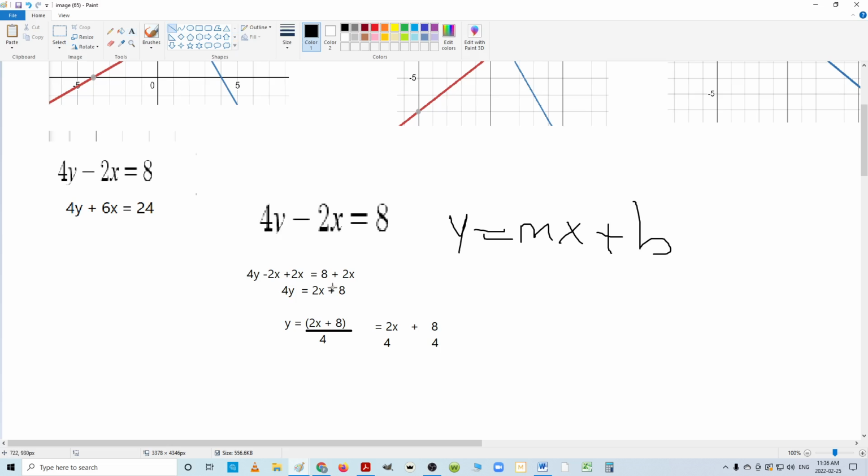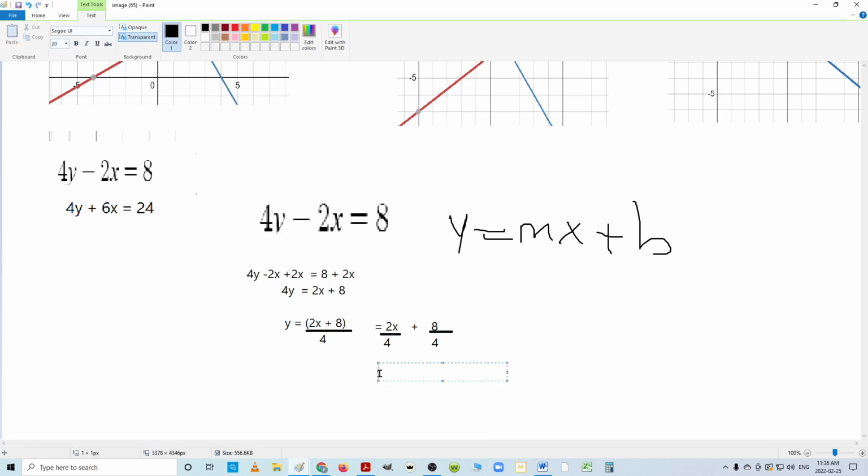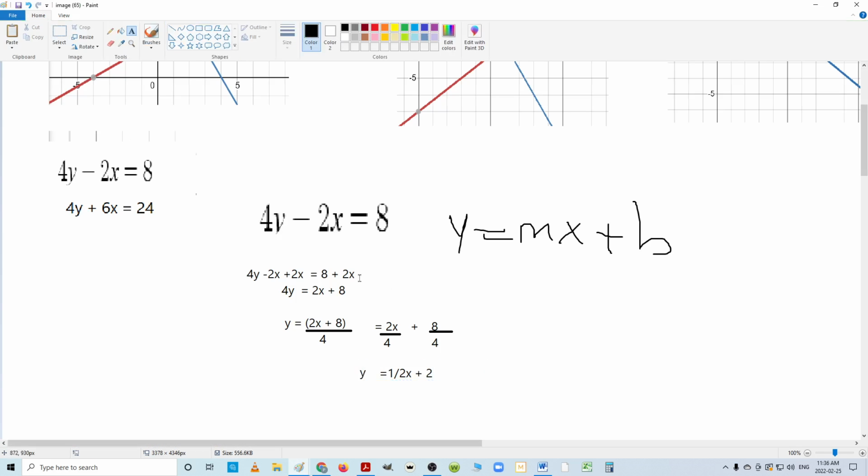I can break it up. That, after all, is all a fraction is. It's two things with a common denominator being added or subtracted, which means I can also break them up that way. Well, 2 divided by 4 is equal to half x, and 8 divided by 4 is equal to 2. So there, I have my slope intercept version.